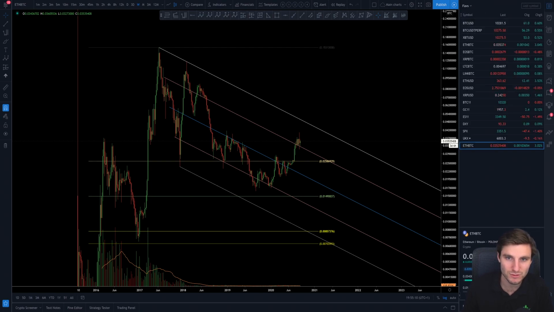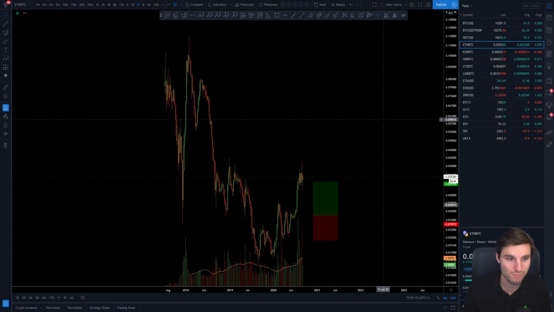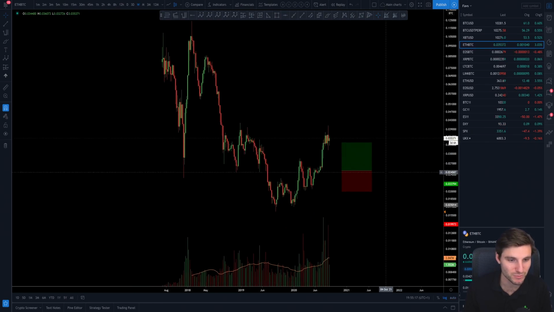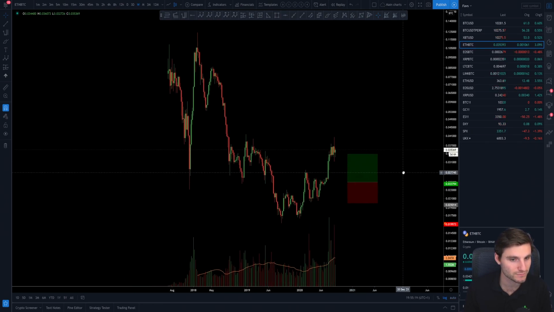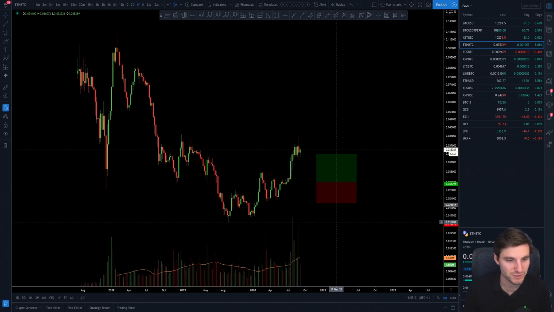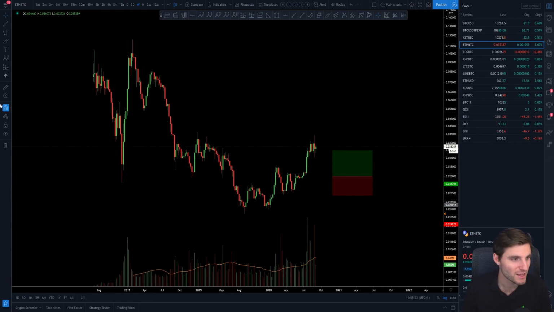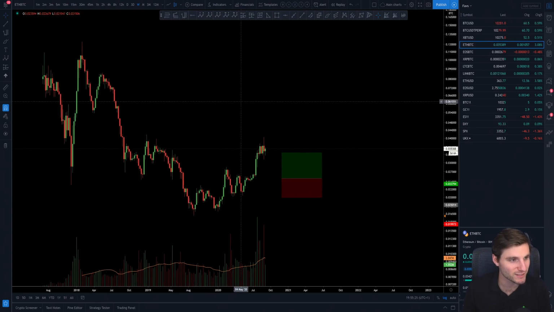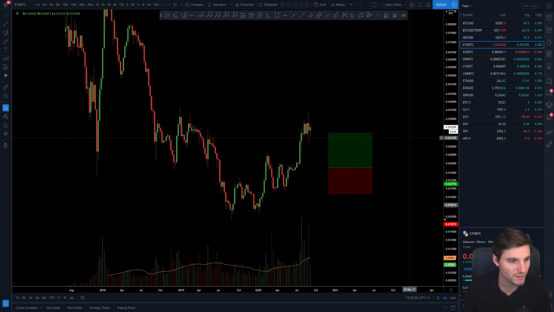I'm not sure the best exchange for that data, whether it is Poloniex or not, because it obviously looks so much better on Binance. But it just sucks because I don't have anything past here. But there you go.